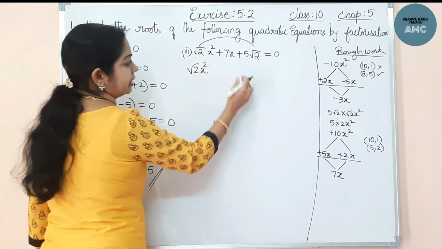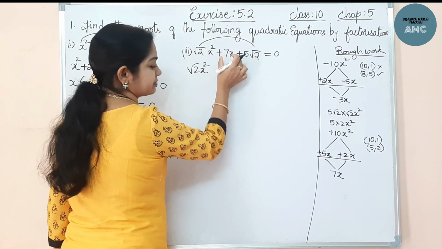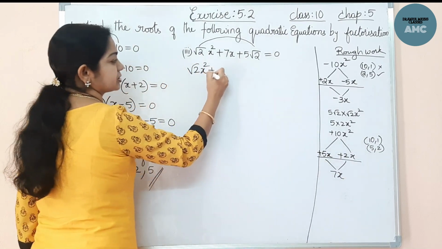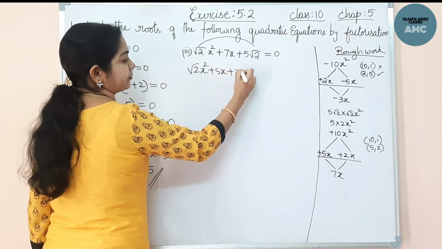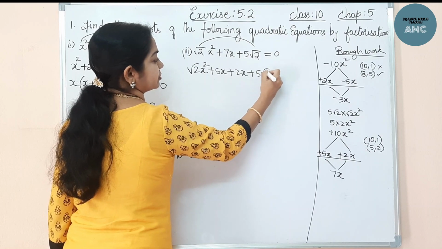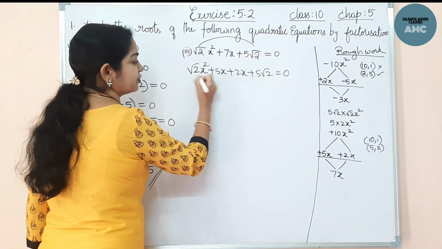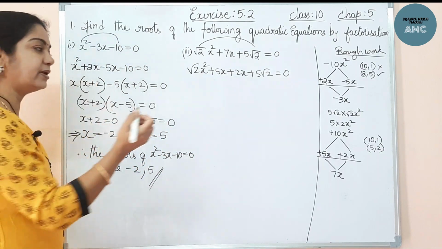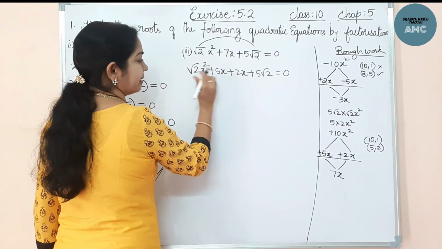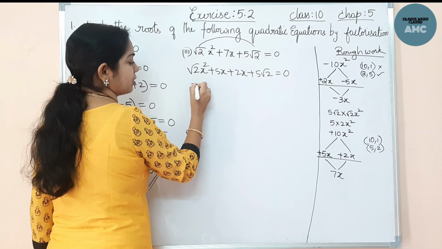So in the 2x square expression, instead of 7x, the middle term I'm splitting into 5x plus 2x, equals 0. Now take from these first two terms, what is common? You have to take it out. There is no number common, but the x variable is common.